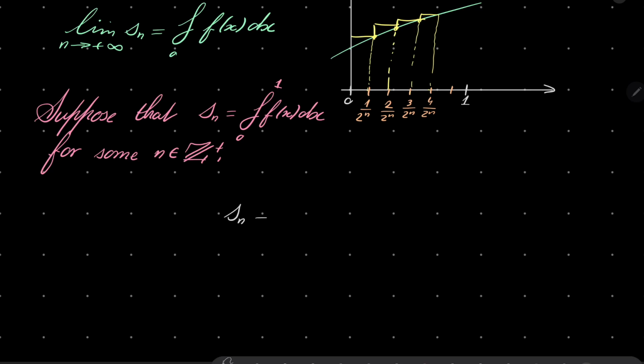Sn is greater than or equal to Sn plus 1, which is greater than or equal to Sn plus 2, it's the result of part A, and so on and so on. It's less than or equal, or rather, it's actually equal. We are supposing that Sn equals this integral. Let's write it.